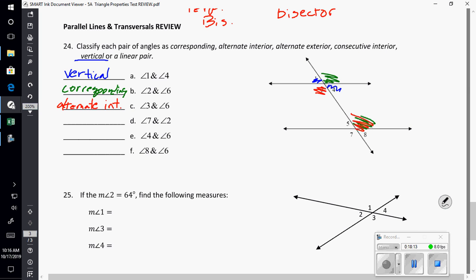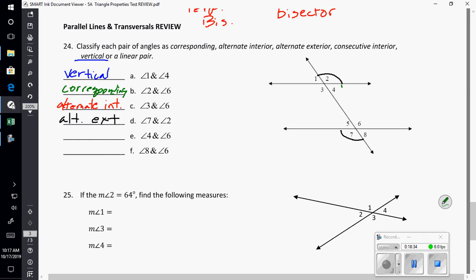Angle 7 and angle 2 are opposite sides of the transversal but in the exterior, so they are alternate exterior.